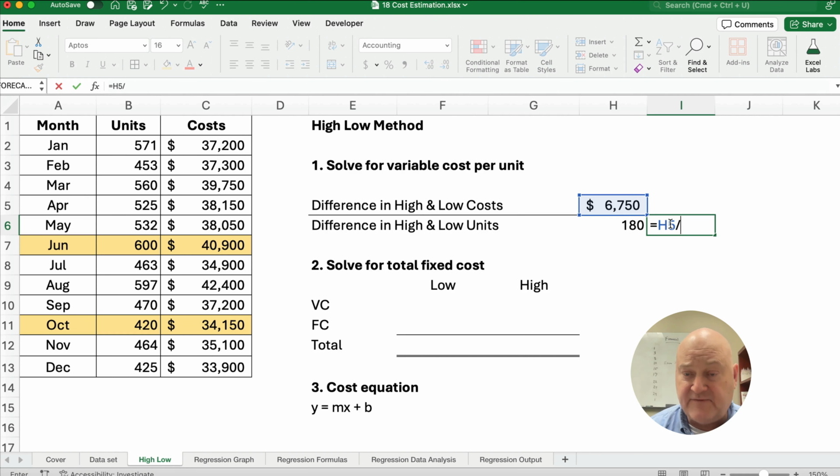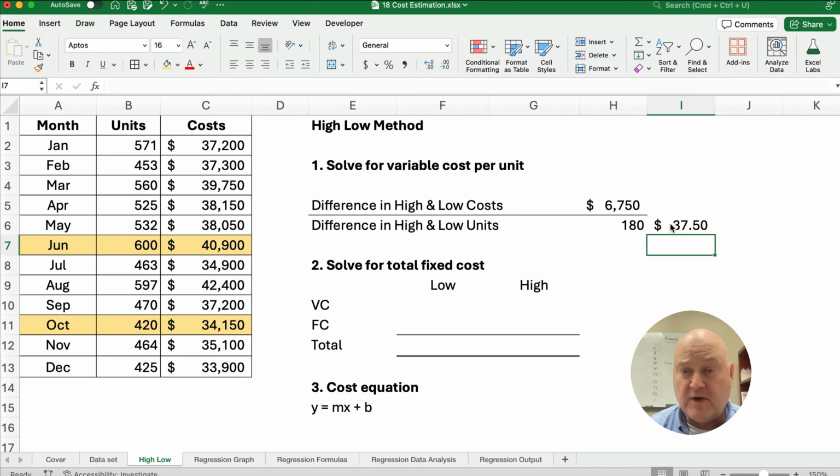So 6,750 divided by the number of units, we're going to get an estimated variable cost per unit. So this is our estimated variable cost per unit, $37.50.